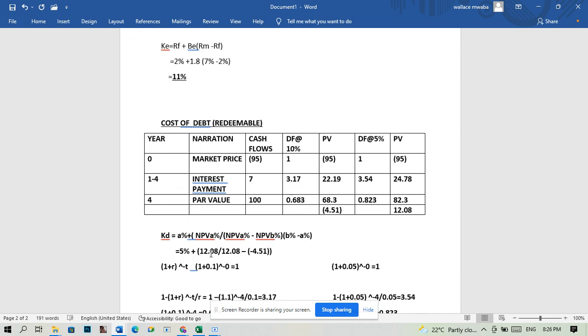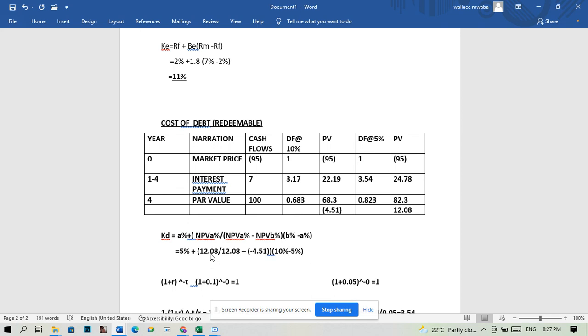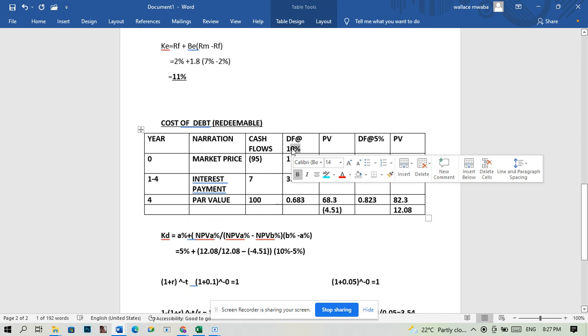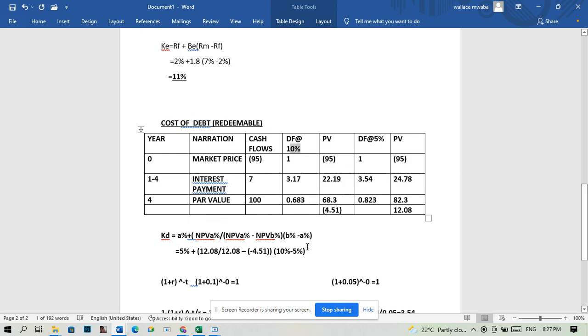Close brackets. Then B%, the higher rate, which is 10%, minus 5%. So the A% is the lower rate, this 5%, and B% is the higher rate, 10% here.